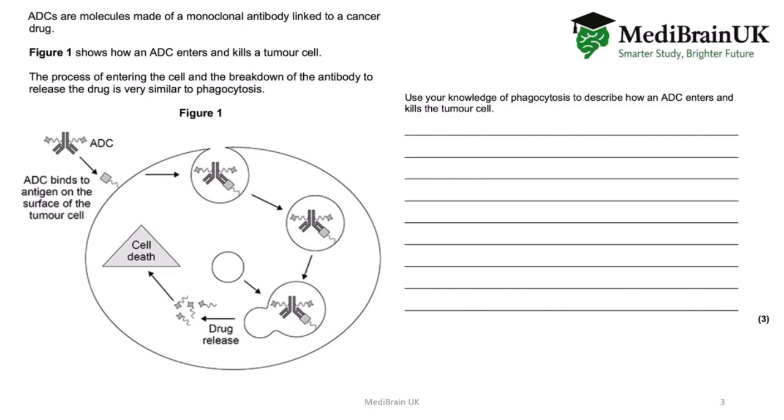The phagocytes are attracted to the pathogen because of the chemicals the pathogen has been releasing. Once it's attracted to the pathogen, there are receptors present on the phagocyte, and the antigens are present on the pathogen.